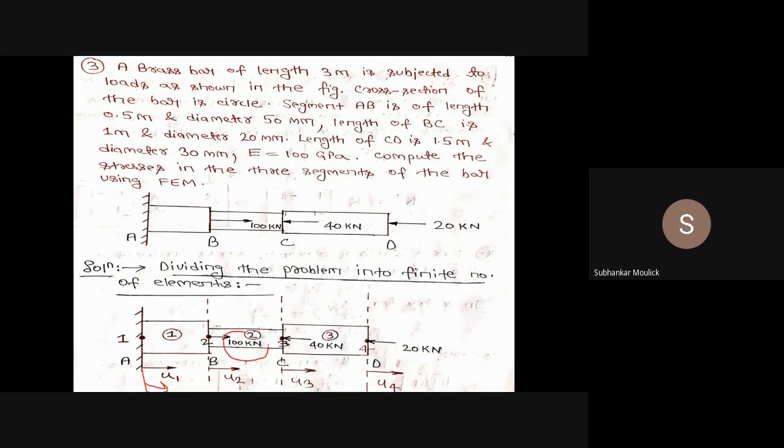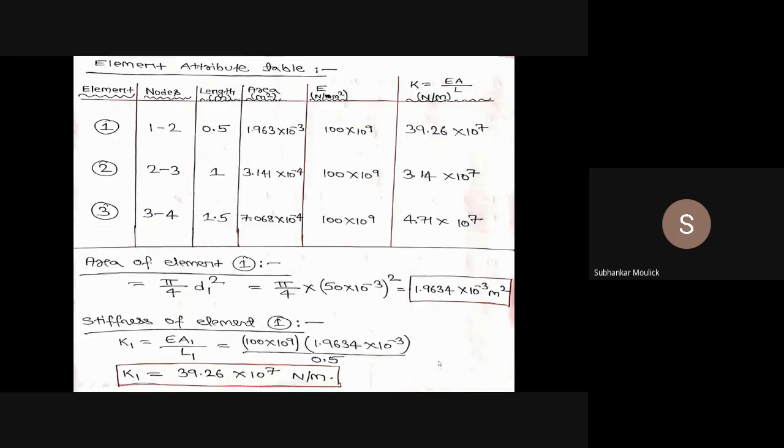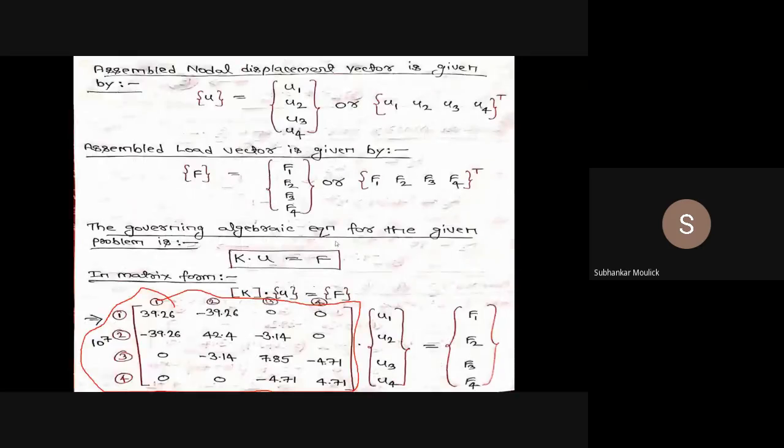F2 is already given as 100 kilonewton. F3 will be minus 40 kilonewton, tensile in nature. F4 will be minus 20 kilonewton. Is it clear to all of you?